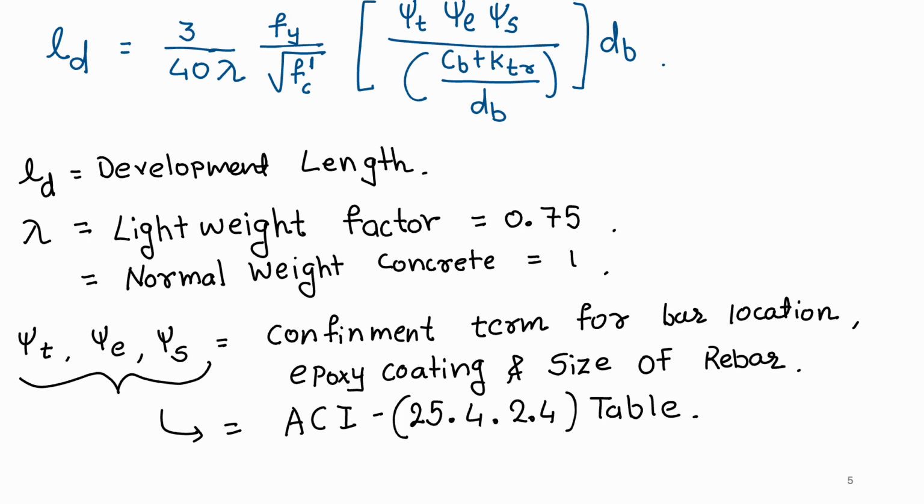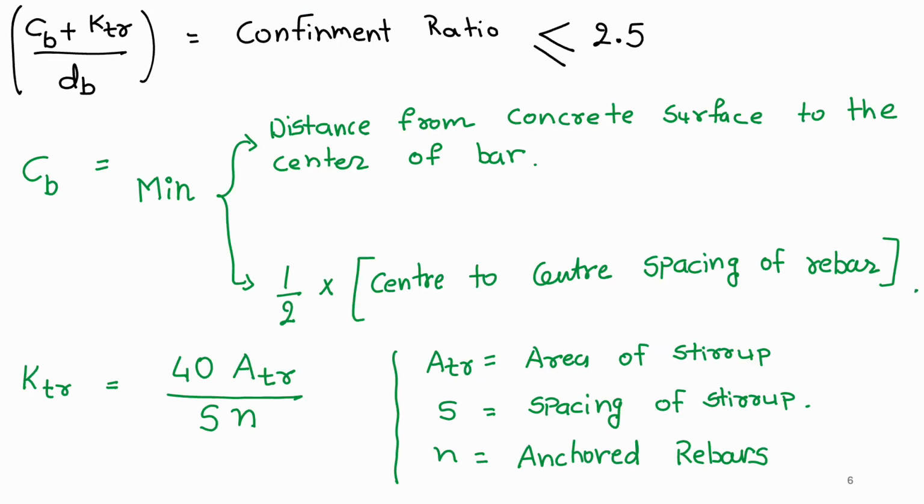So these terms Psi-t, Psi-e, and Psi-s you can find using the ACI table. Again, we have (cb + Ktr)/db, that is a confinement term, and it is not more than 2.5. For cb, we are using the minimum of the distance from the concrete surface to the center of the bar, or half of the center-to-center spacing of rebar.